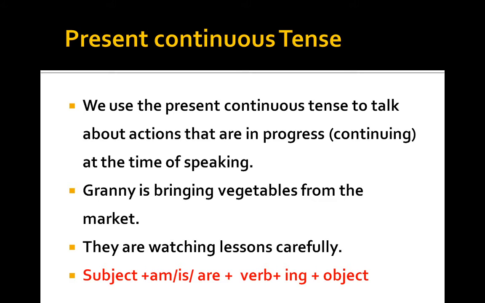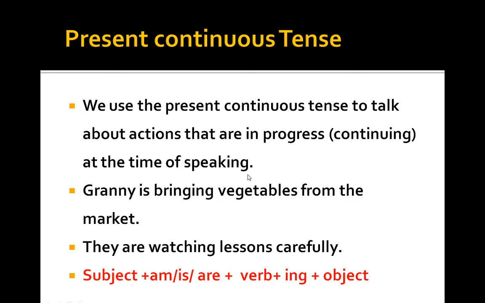Continuous present tense is the tense used for actions that are in progress at the time of speaking. Look at that once again. In present continuous tense, the actions are in progress at the time of speaking.